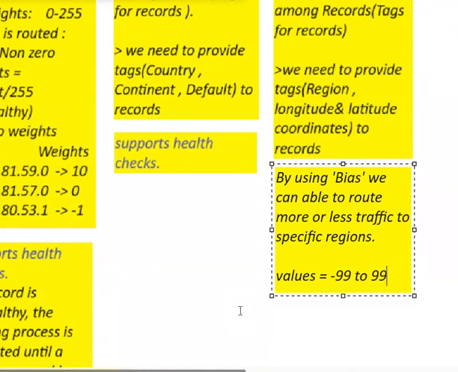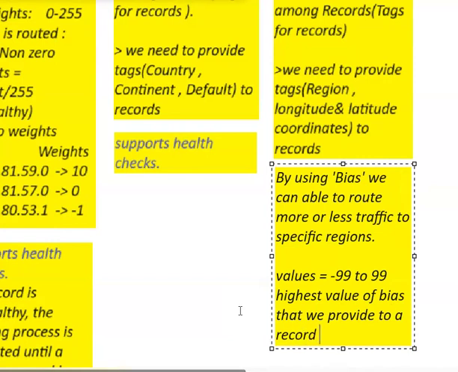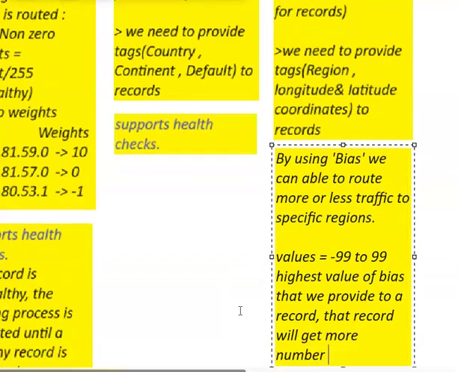So based on the positive value we provide, the record with the highest bias value will get more requests.